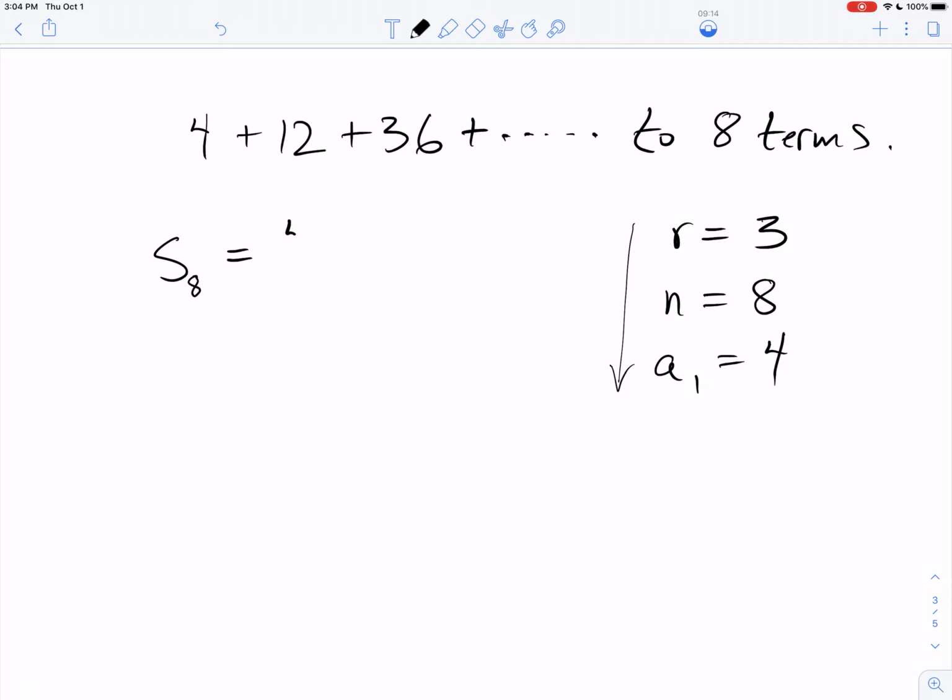Here is A1 times R to the N minus 1 all over R minus 1. Now, here's the nice thing. This one is still, well, it's not the perfect storm. That's not going to give me a 1. Oh, dang, I just noticed that.